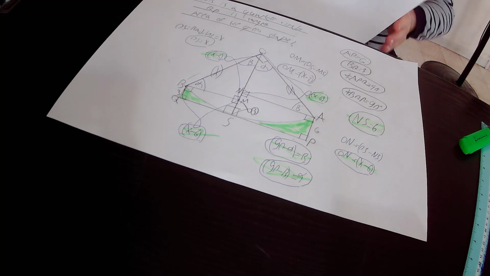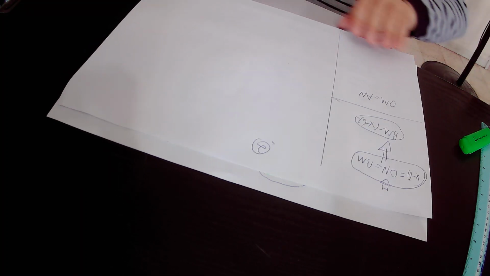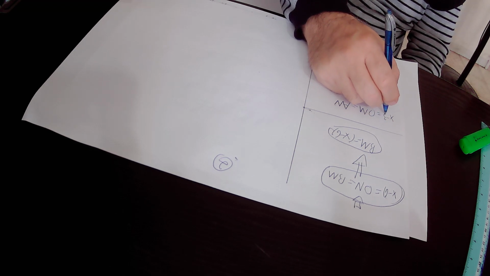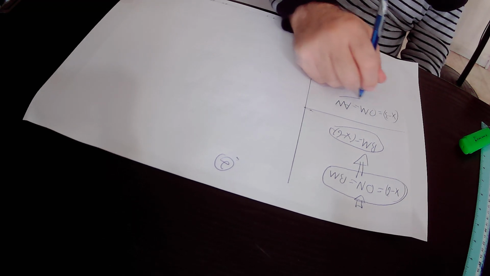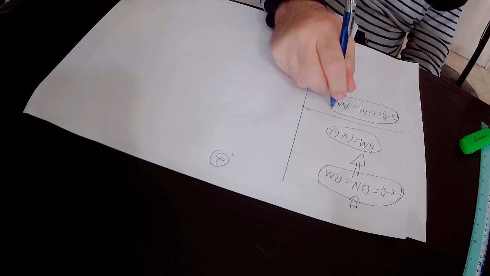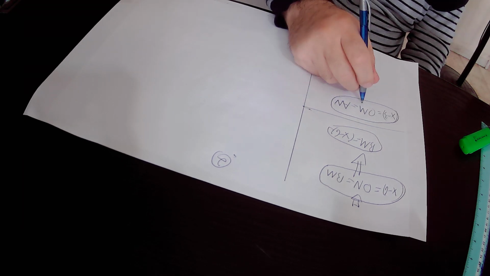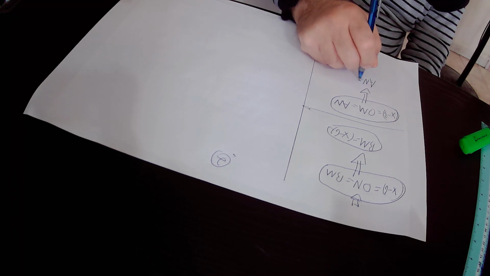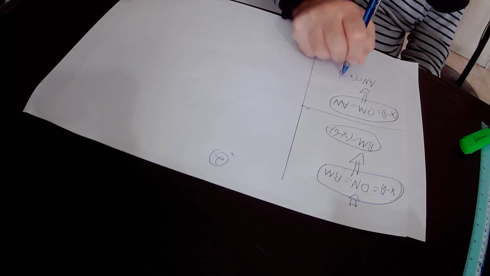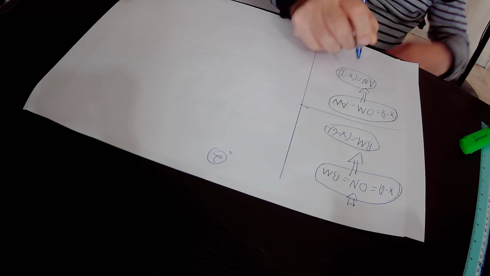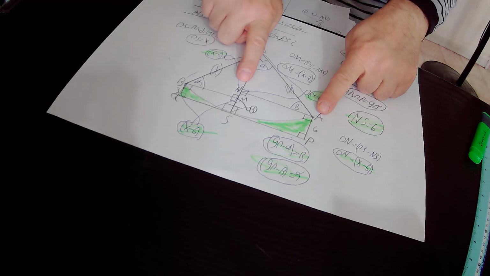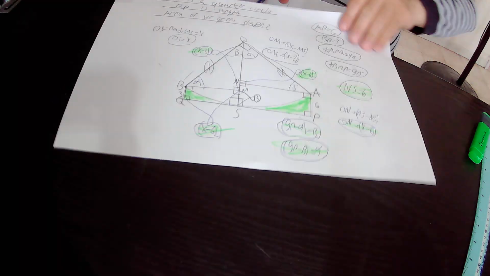So we can write here that OM is equal to x minus 3. And from this equation, x minus 3 equals OM equals AN, we derive that AN is also equal to x minus 3 units in length. This is side AN, and it is equal to x minus 3 units in length.